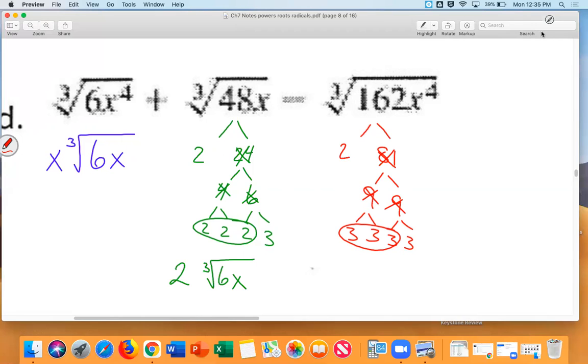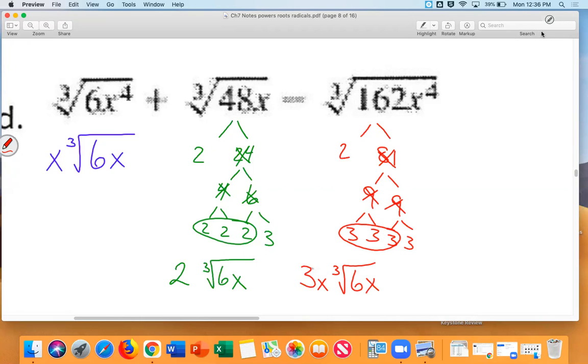So I have my house, this cube root house. The group of 3 comes out. Left inside is a 2 and a 3. That's 6. All right. Now, Justin, how many times does 3 go into 4? Once. So I'm going to pull out 1x, and then how much is left?